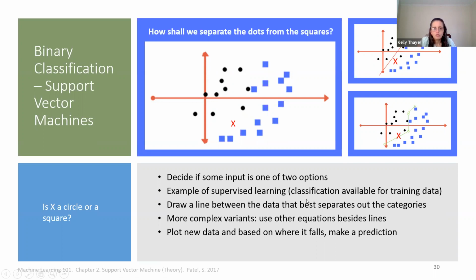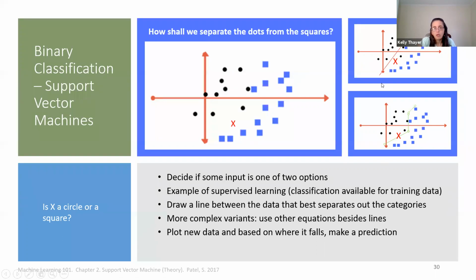So we're going to decide if some input is one of two options, whether the X is a circle or a square. This is an example of supervised learning, that is, classification with available training data. Then we draw a line between the data that best separates out the categories. So we see here a line has been drawn.